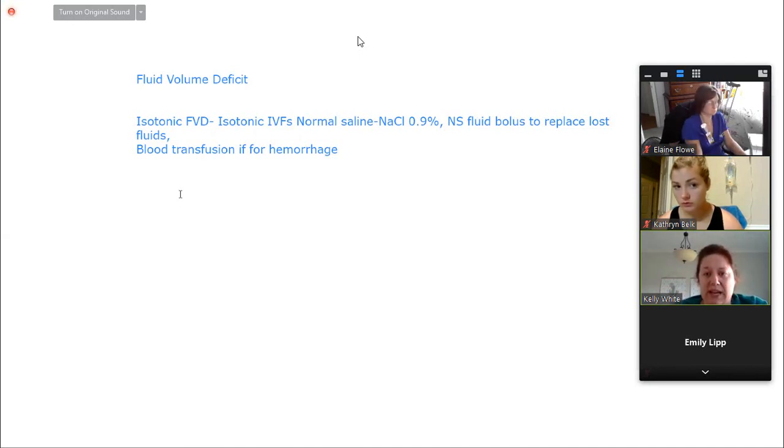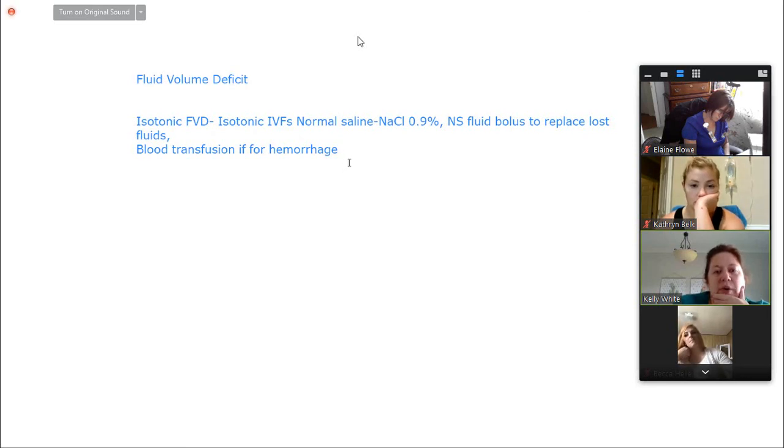And bolus means that you have your whole liter bag, and I'm just going to open it wide up and let it fly in. Okay, I'm not going to run it at some kind of slow setting. I want it to get in and help right away. Okay, so we're going to give that fluid.